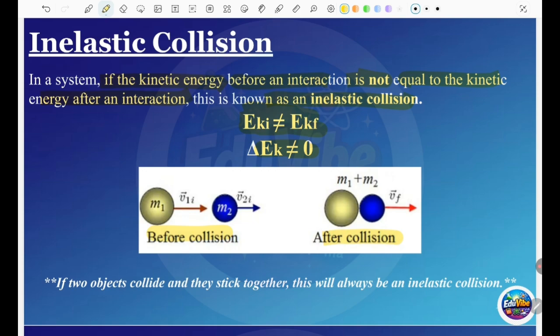The main thing in inelastic is that if two objects collide and they stick together, ultimately it is an inelastic collision. For a hit and stick collision, we can say this is inelastic without calculating any energy.